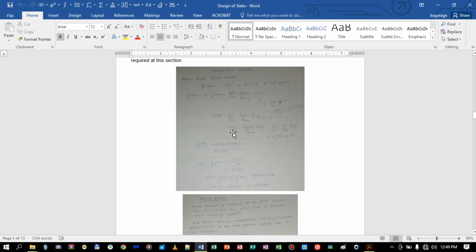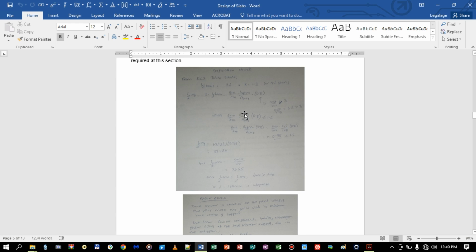Therefore, it is further multiplied by several other factors that account for the difference in the assumptions that were made while deriving these figures with respect to what we are designing for.